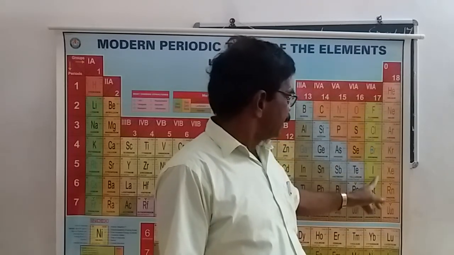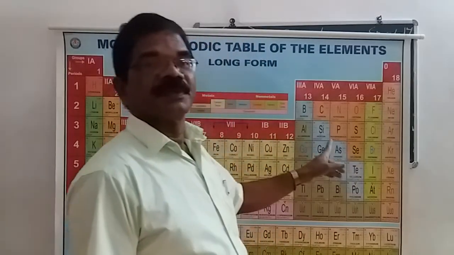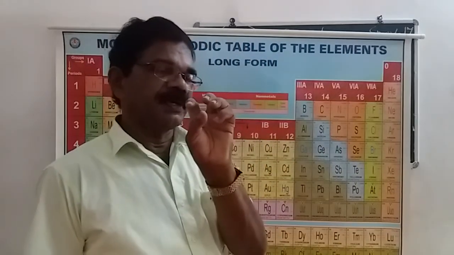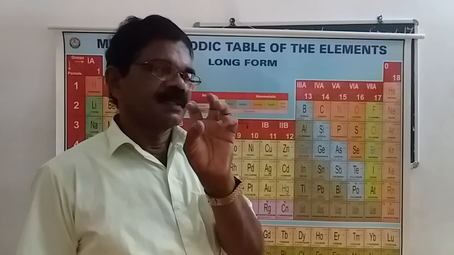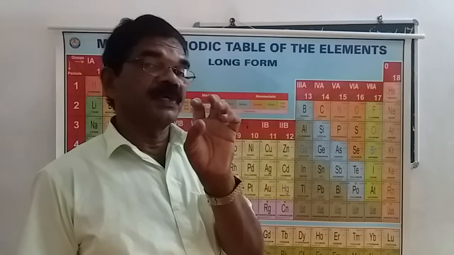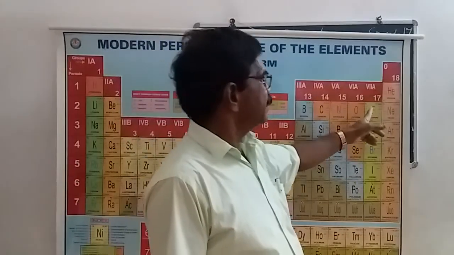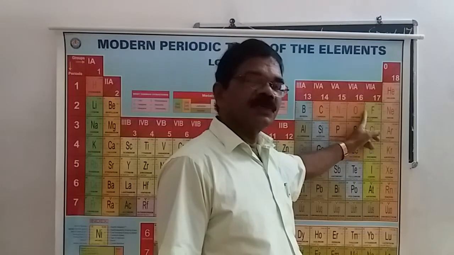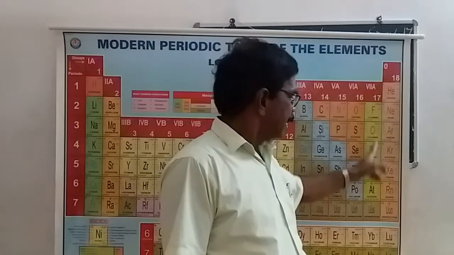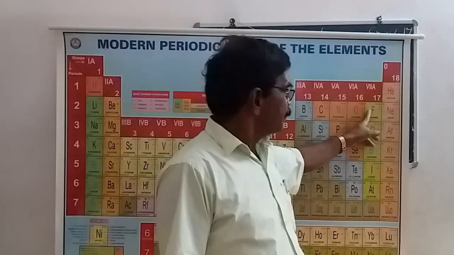Comparing fluorine and iodine, which is more reactive? In the case of non-metals, the reactivity depends upon the tendency to attract electrons towards it. Fluorine is the smaller atom, so it is more reactive. Iodine is less reactive.